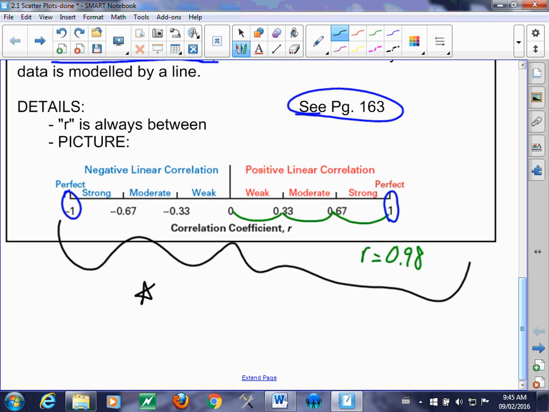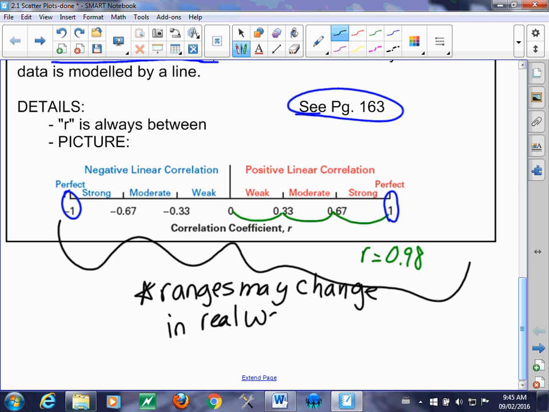So I want to put down, and please put this down too, that the ranges may change in the real world. You may work for a couple of companies, and one company may use this scale, another company might use a different scale. So please be aware of that. For the purposes of our course, we'll go with the textbook and we'll use these as our ratings. However, again, scales could change if you go to work in the field later on.